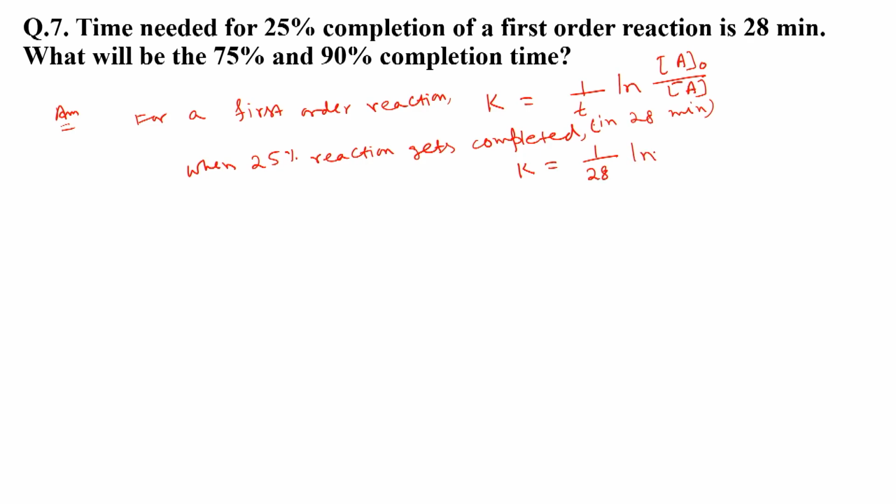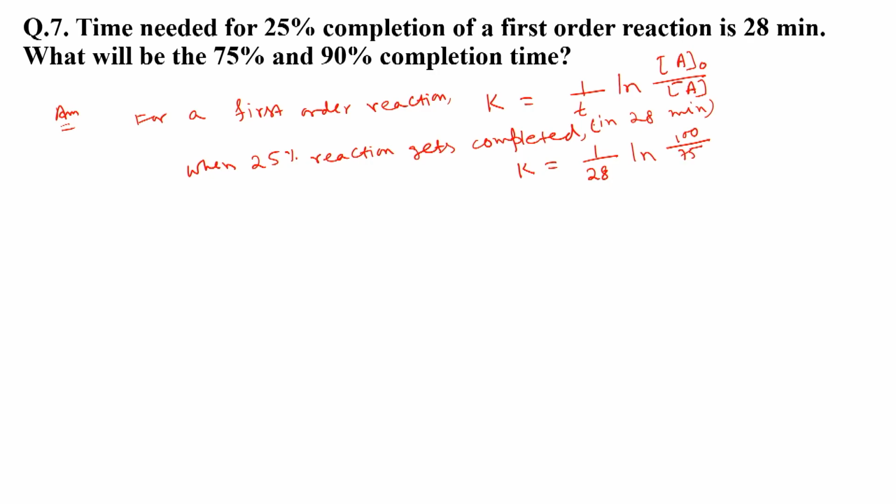If we consider A naught is 100, so 25% gets consumed, A is getting consumed, so this is 75, right?